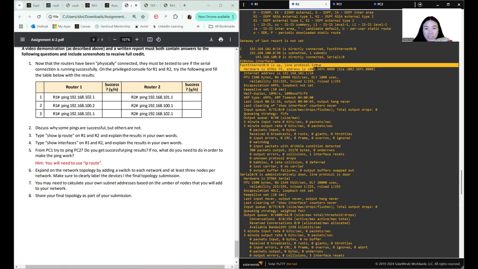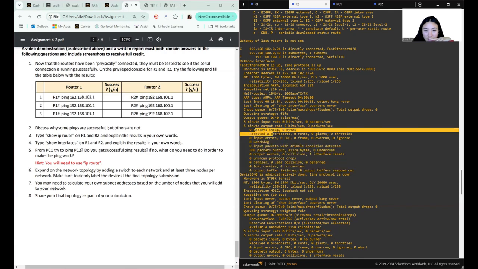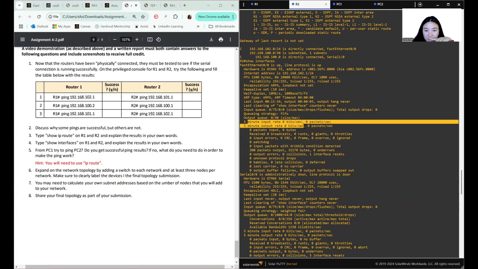Fast Ethernet 0/0 is up and the line protocol is up. Then it tells us any errors right here, any inputs and outputs right here. But it basically just provides details about the status of the interface.